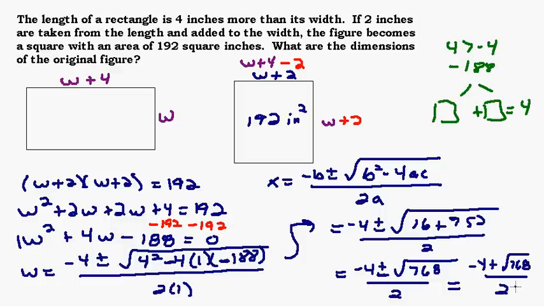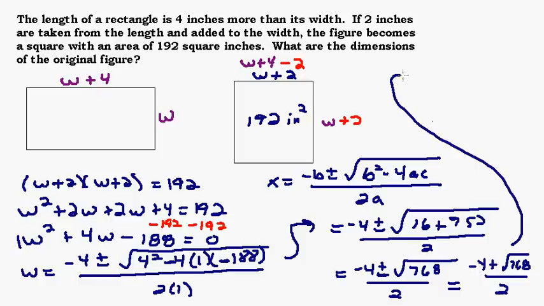So let me do that on my calculator, and you should do it too to make sure that you know how to use your calculator properly. Sometimes that can be an issue. So negative 4 plus the square root of 768, get that answer, hit your equal sign, then divide by 2, and I'm going to round to the nearest tenth. Oh my goodness, I'm out of space. Let's get rid of this, and then we'll go up here.